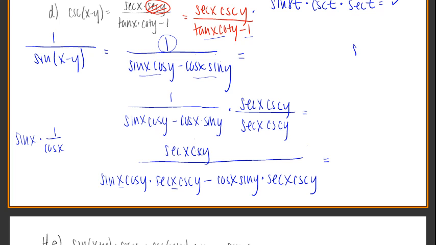So up in the top we have secant x cosecant y, and in the bottom x to x, sine times 1 over cosine is tangent x. And then cosine y times cosecant y, and cosecant is 1 over sine, so cosine over sine of y is cotangent.